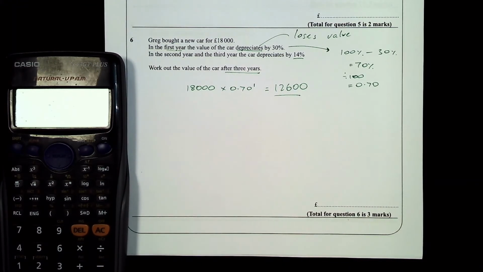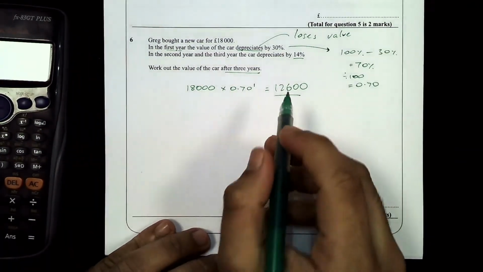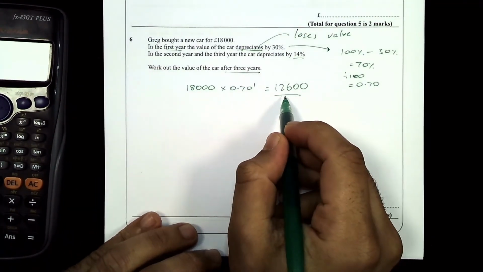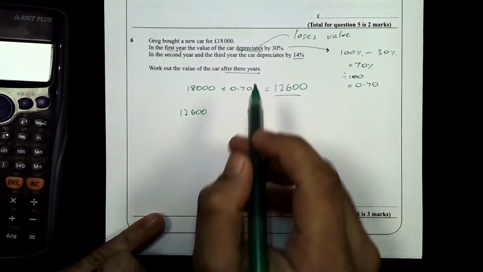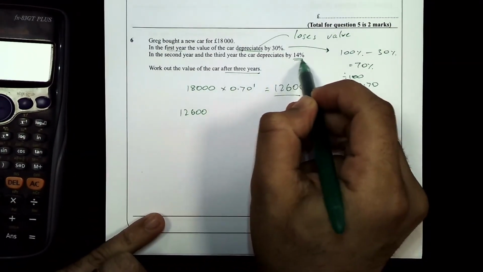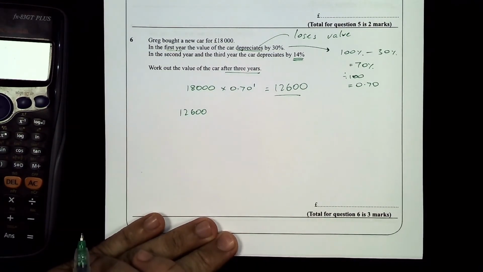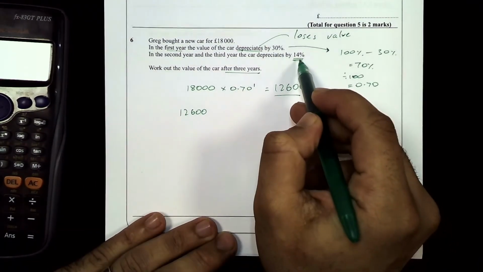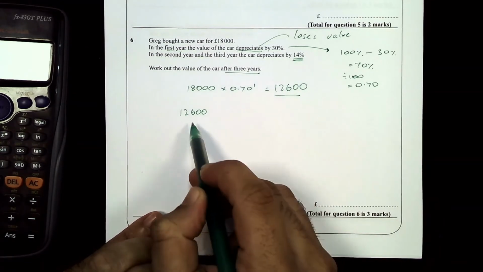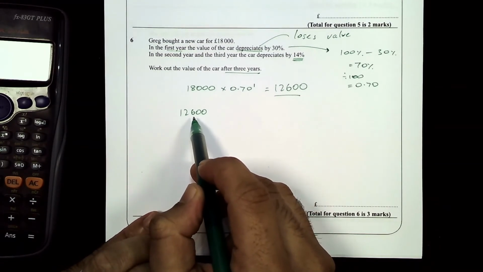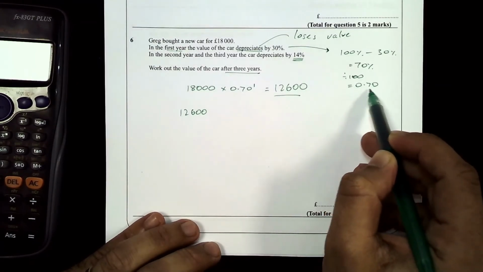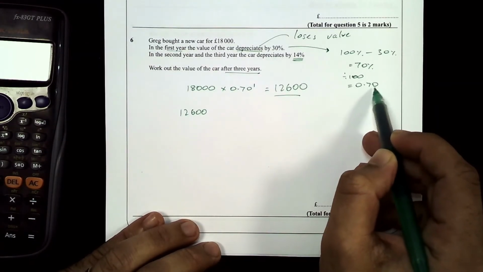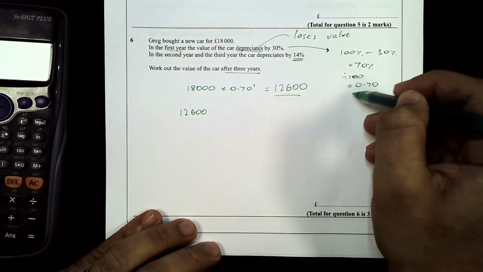So what you need to look at next is the second and the third years. So this is our starting point for year 2. So our new starting amount is that. And in the second and the third year, it depreciates by 14%. Now, what you've got to remember is that this is 14% off of the new amount. So do not take it off of our 0.70, because effectively that's dealt with now.